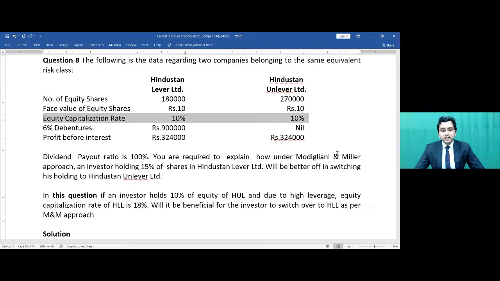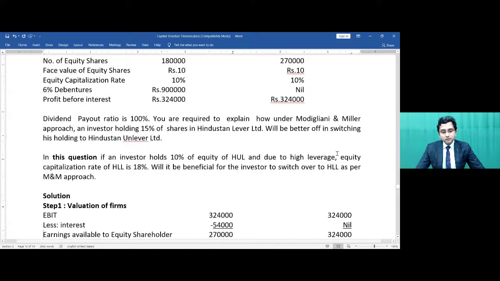But now the question is saying the first one is 10, but the second one is not 10. Now this is 18%. An investor is holding 10% shares in HUL. So now the question is asking you, will it be beneficial for the investor to switch over from HUL to HLL as per M&M approach?